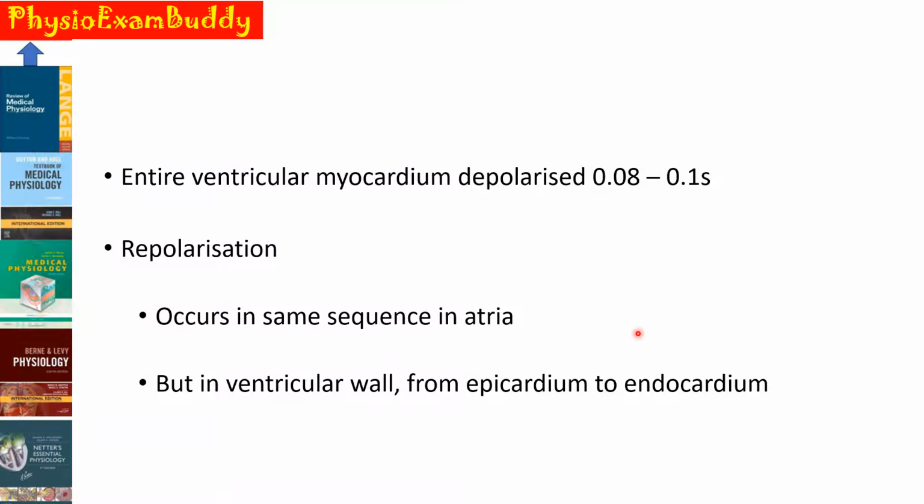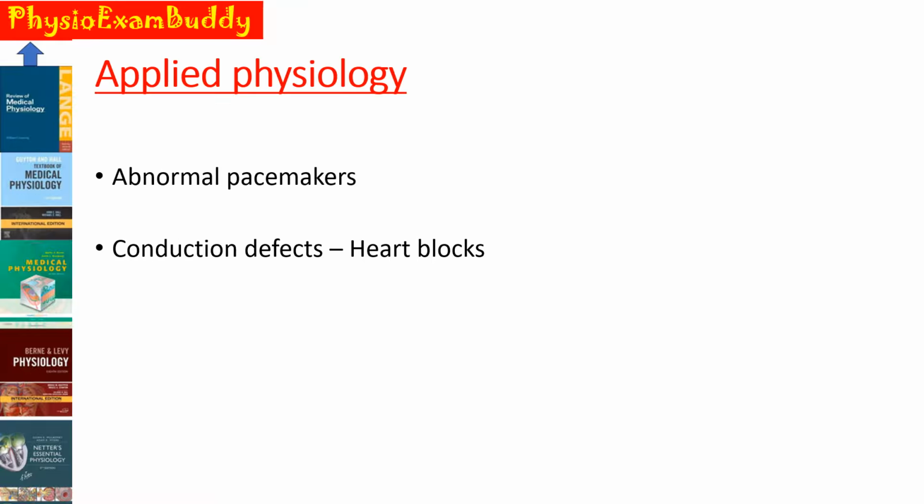The entire ventricular myocardium gets depolarized in 0.08 to 0.1 second. Next, repolarization occurs in the same sequence in the atria, but in the ventricular wall, the direction of repolarization is from the epicardium to the endocardium.